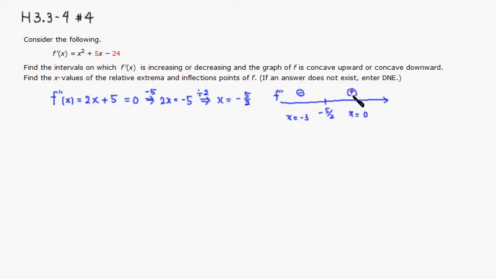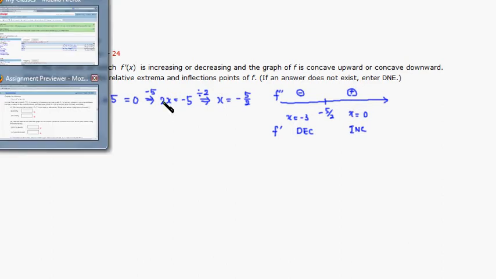So it'll be decreasing here. So f prime is decreasing here and increasing here. So let's type that in.